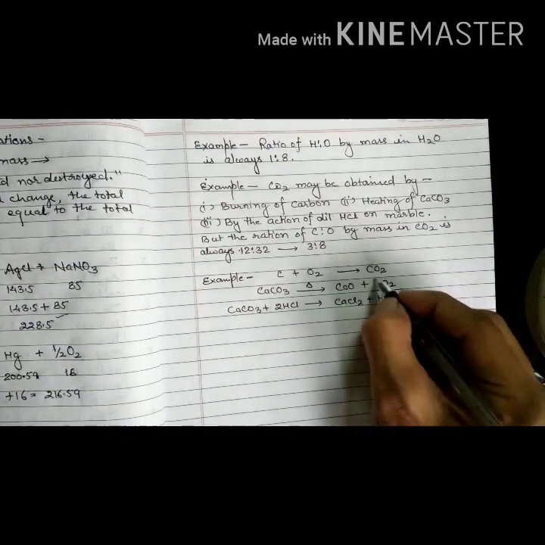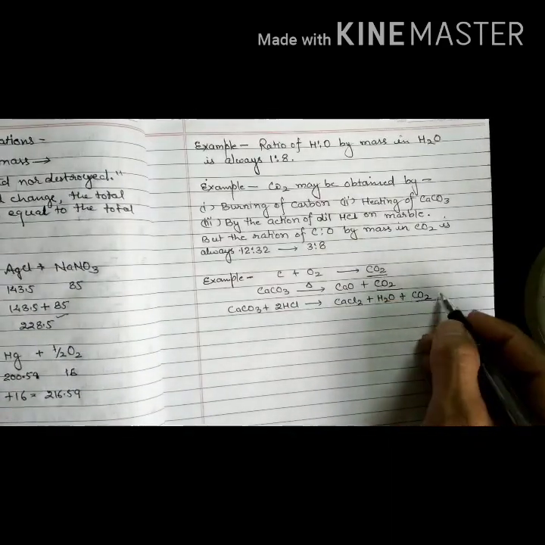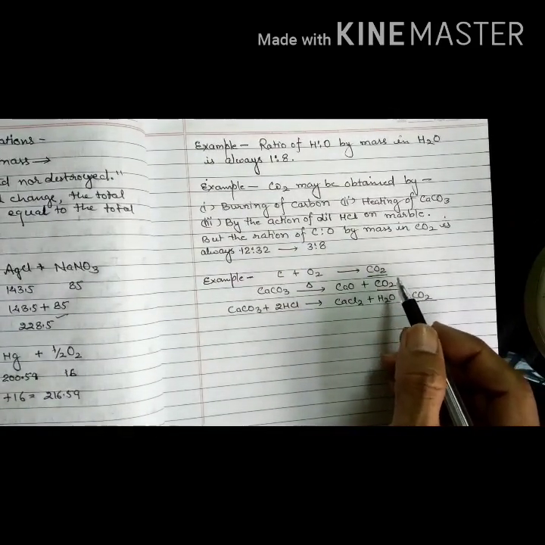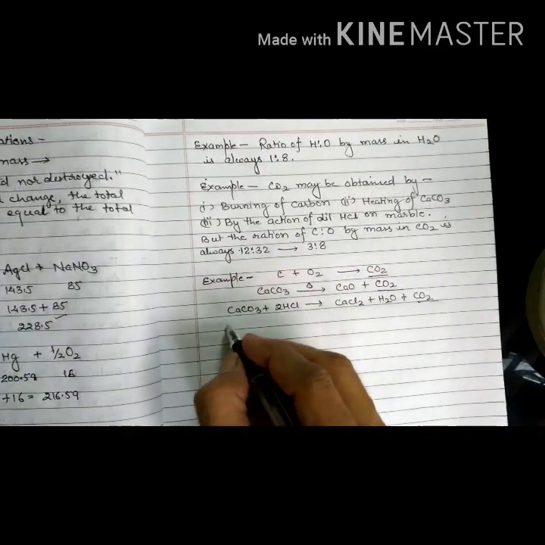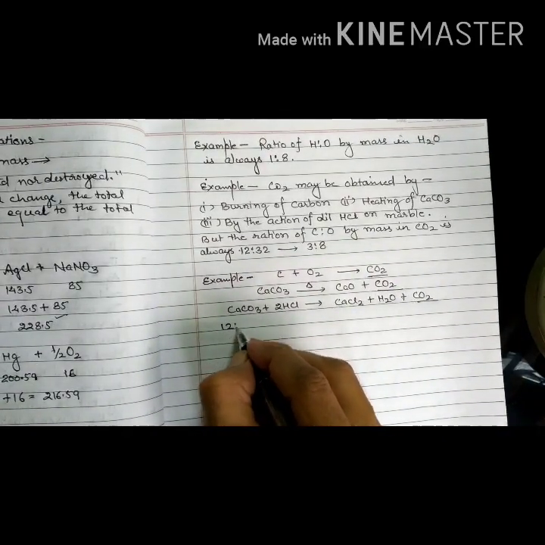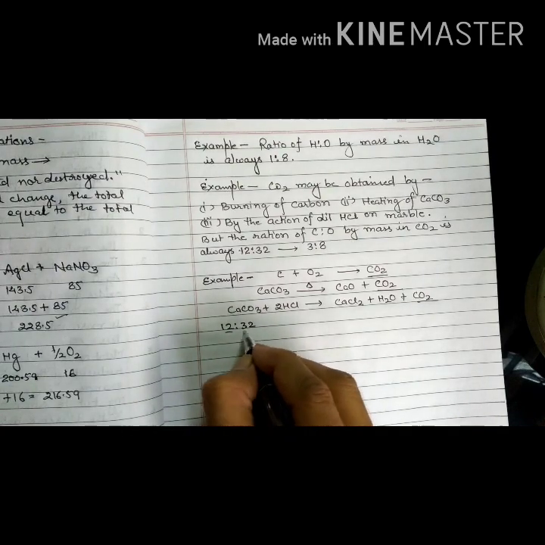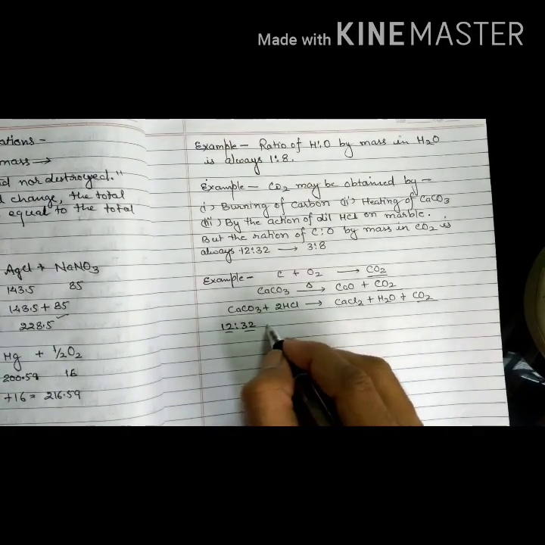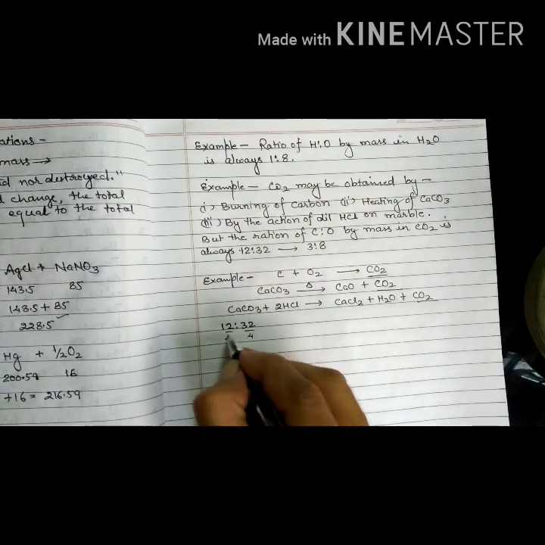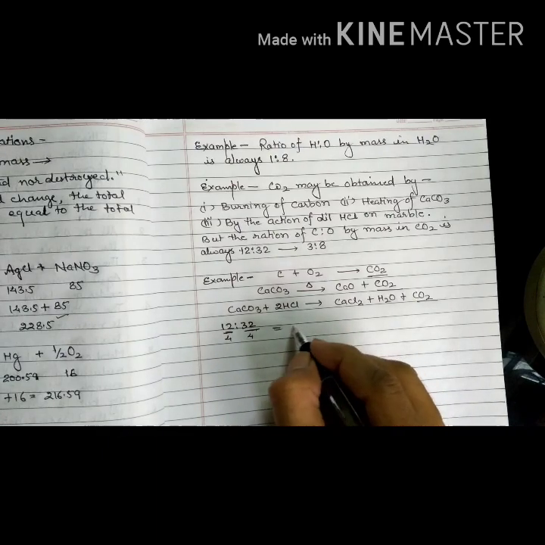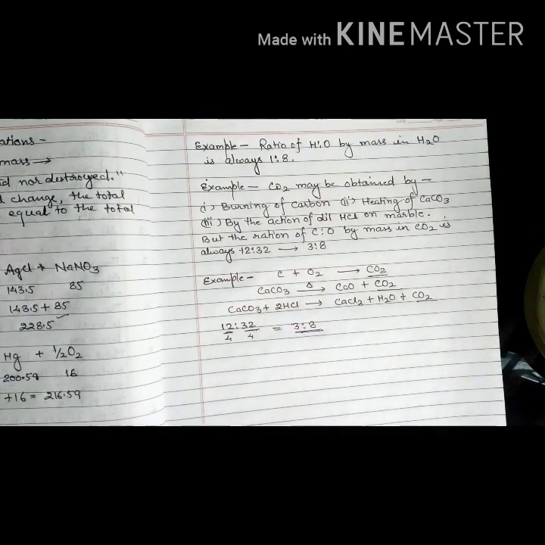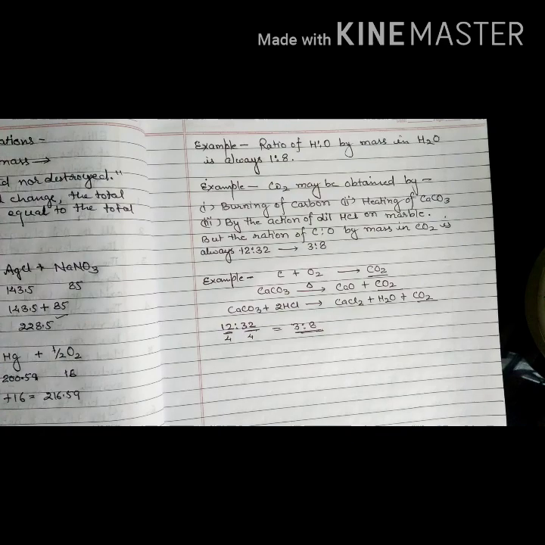So in all these three reactions, carbon dioxide is obtained, that is, the method to obtain carbon dioxide is different, but the ratio is always 12 to 32. These are the atomic masses of carbon and oxygen. Dividing by 4, this comes to 3 to 8. This is the simplest ratio of carbon and oxygen in carbon dioxide.